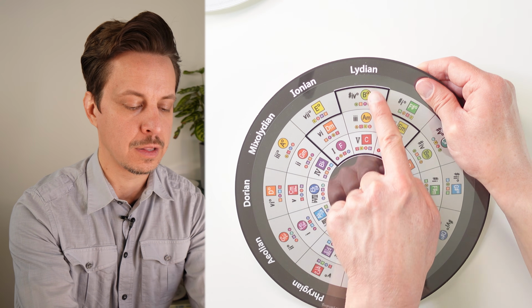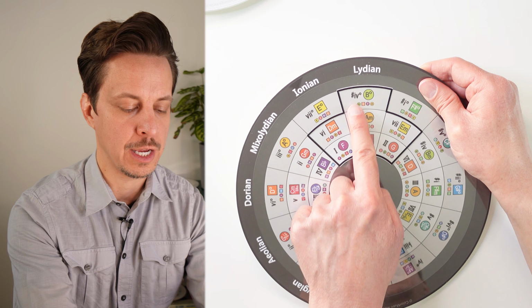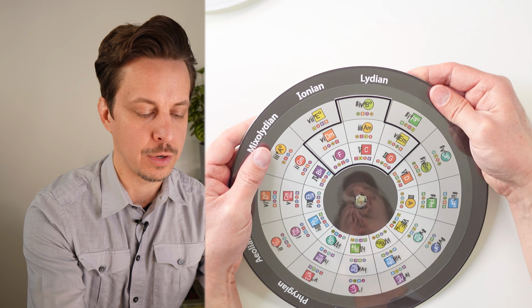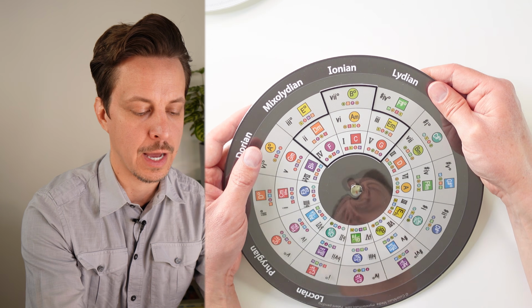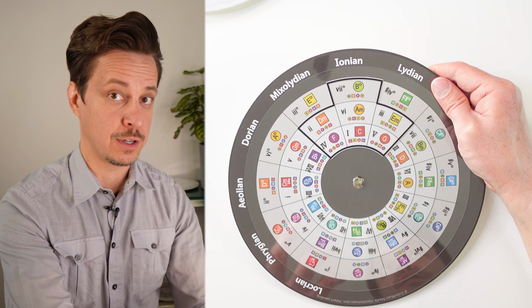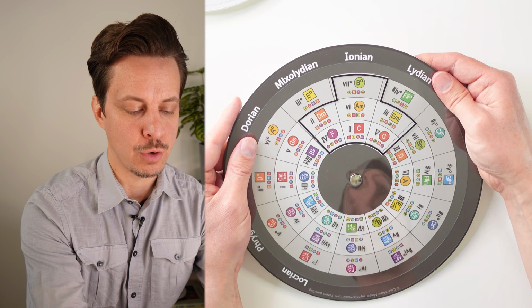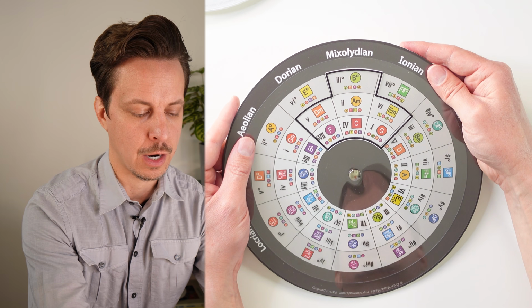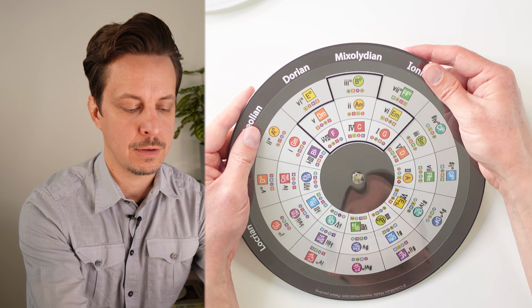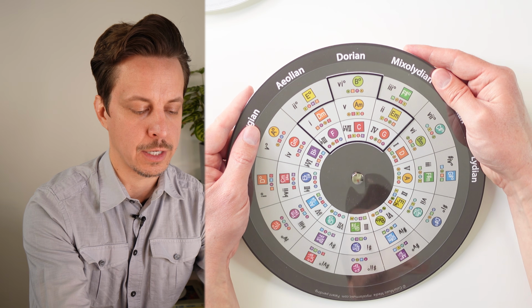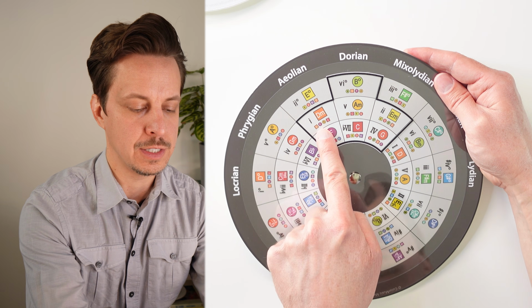So F Lydian is just a permutation of C Ionian. It's the same 7 chords, but with a different tonic, the 1 aligned with a different chord, it's a different mode. And if we continue to rotate the numerals clockwise or to the right in increments, we get Mixolydian. Rotating it 1 notch to the right again, we get D Dorian.